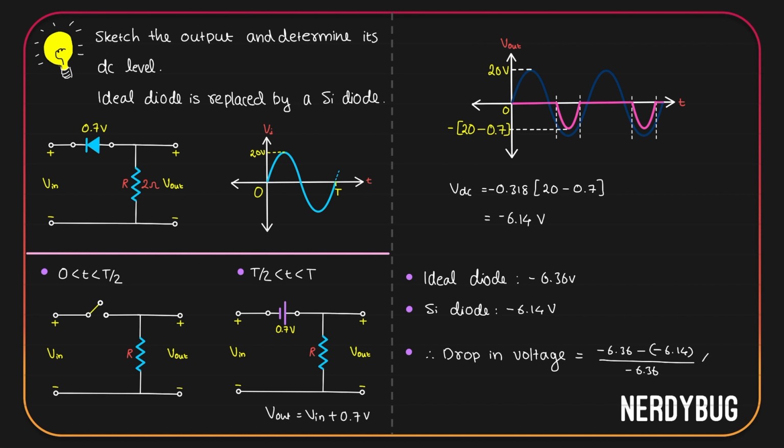If I want it in percentage, I'll multiply it with 100 and put percentage. This is approximately equal to 3.5 percentage. So for a practical diode, there is a drop of almost 3.5 percentage in this case.